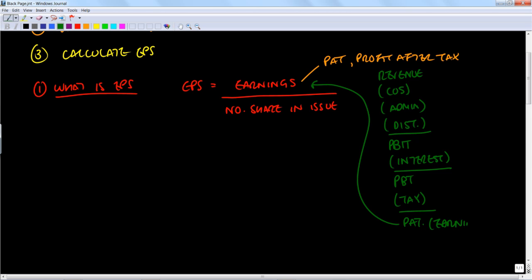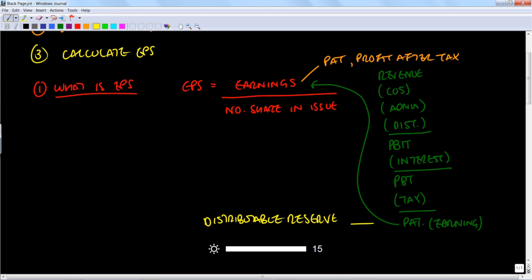Okay, profit after tax is what we call a distributable reserve, and basically what that means is we can distribute it to shareholders. Okay, we distribute it to shareholders as a dividend.